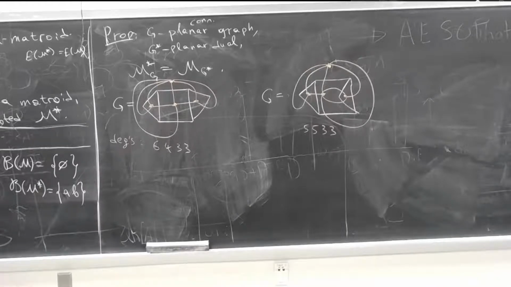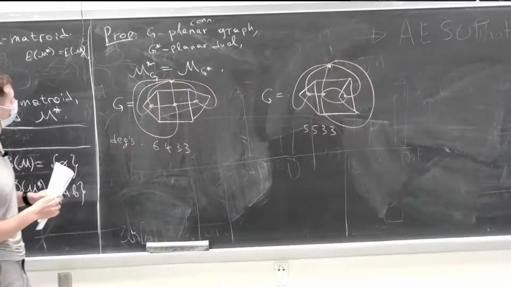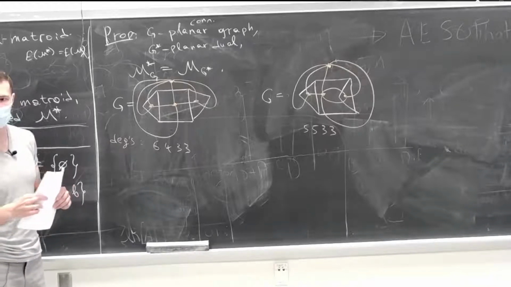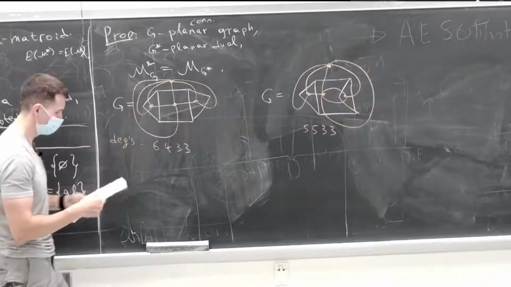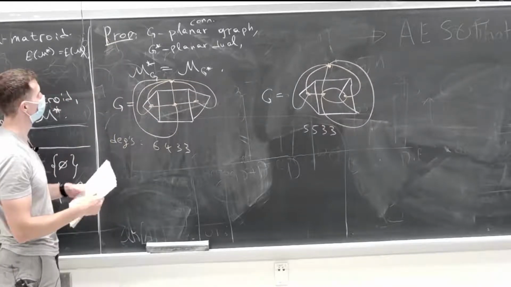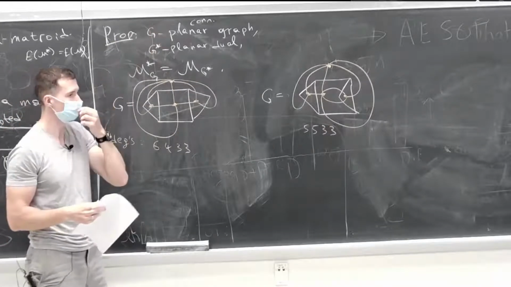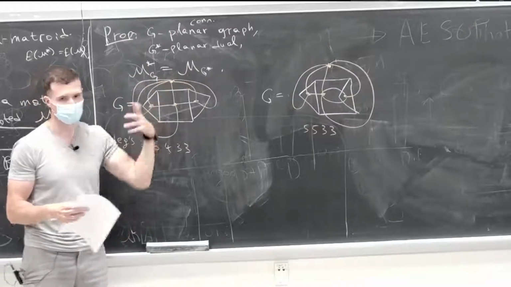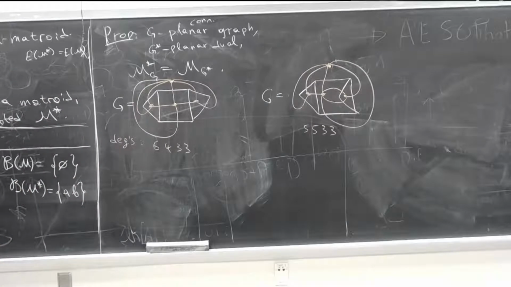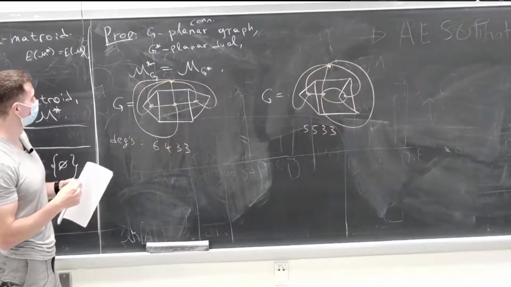So the statement is still true as stated, where you choose some planar embedding and the resulting dual matroid, the matroid of the dual graph, does not depend on your embedding for some reason.